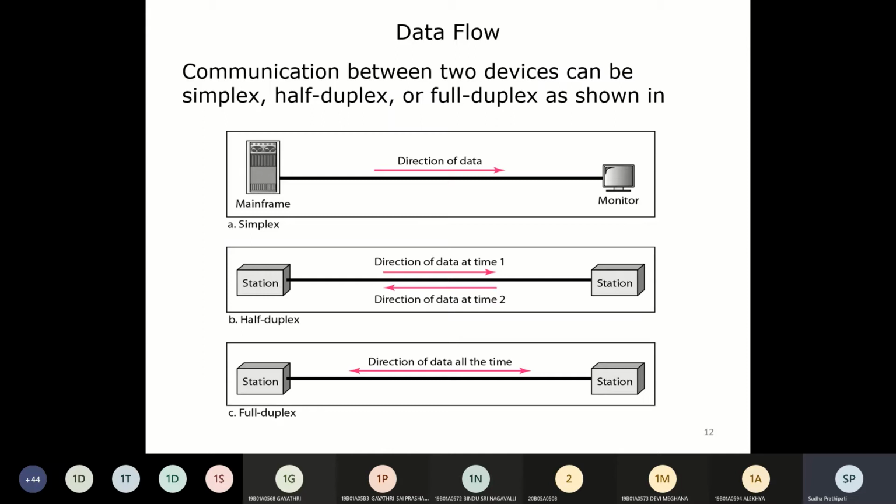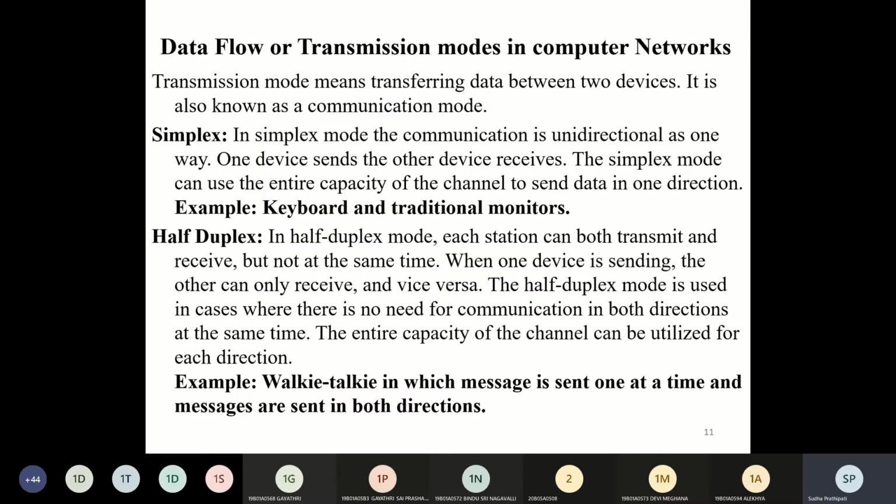In half duplex, there are 2 directed arrows, one going from source to destination and another coming from destination to source. In full duplex, there is two-way communication, but let me explain the difference between half duplex and full duplex in detail.